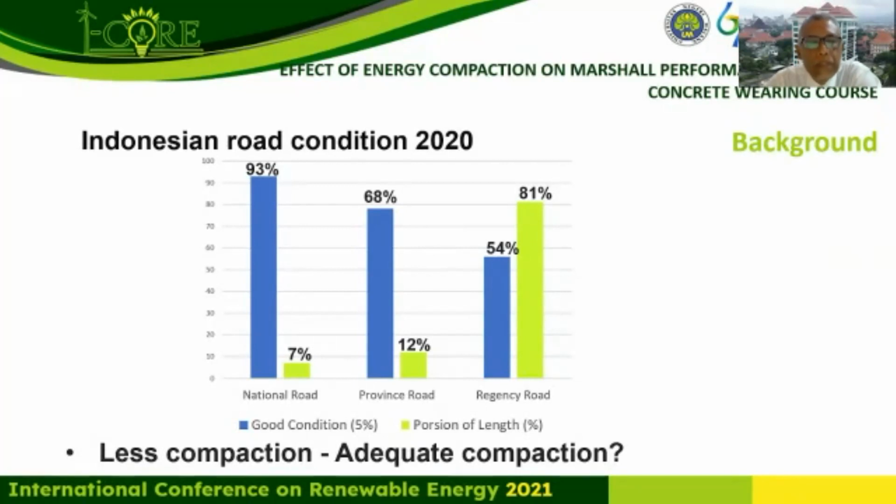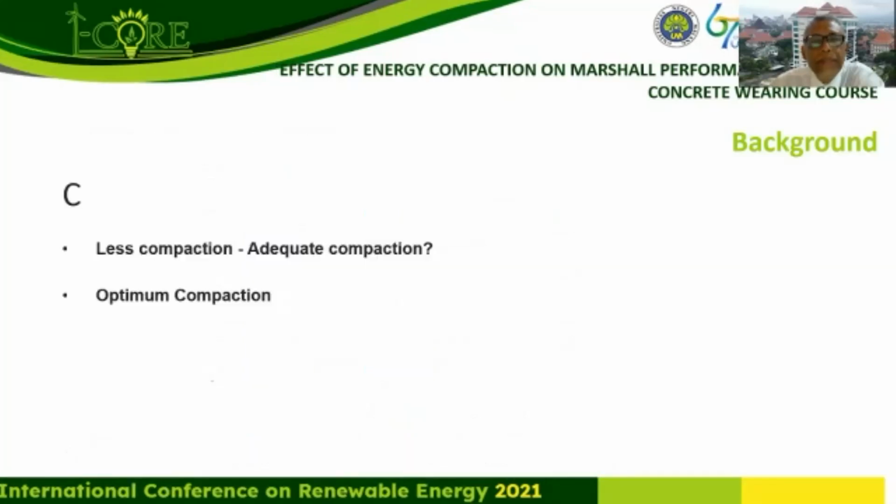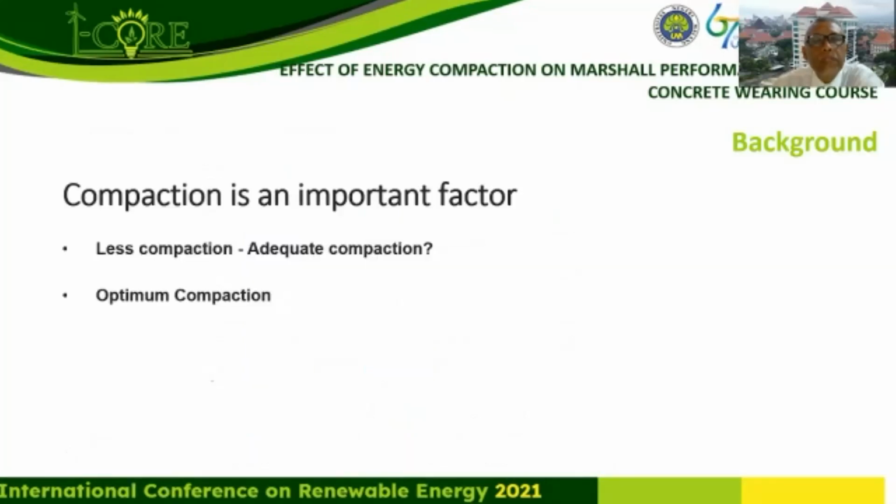One of the causes of the condition may be less compaction or inadequate compaction. It is a common problem of asphalt pavement. Some literature said that compaction is an important factor.